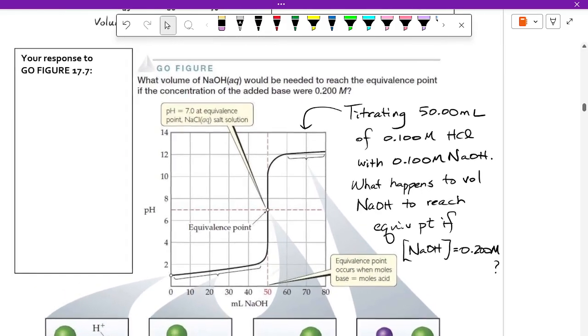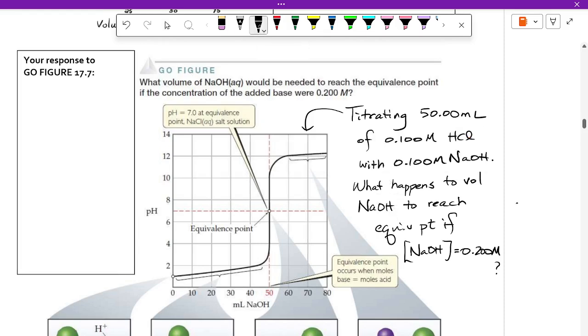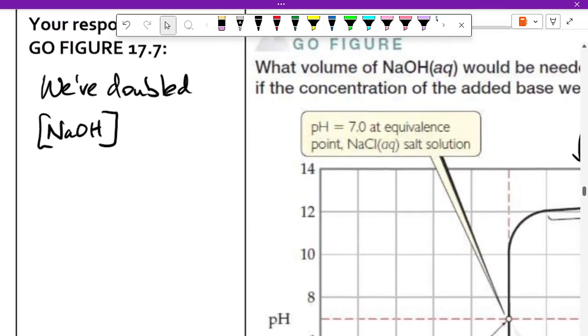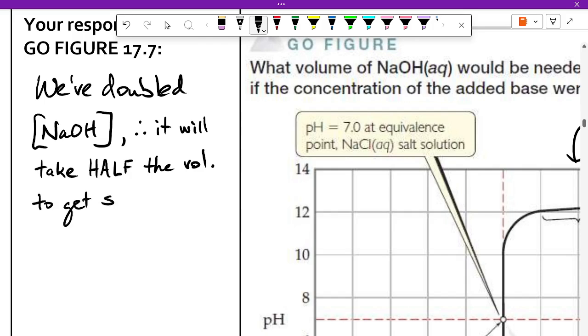Okay, so if we've doubled the concentration of the NaOH, therefore, it will take half the volume to get the same number of moles.